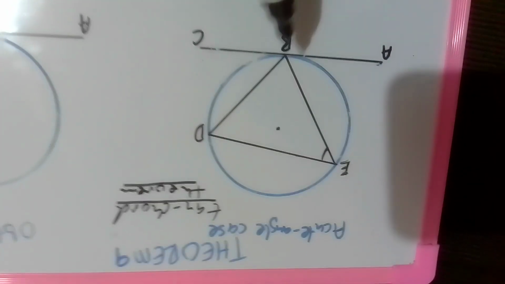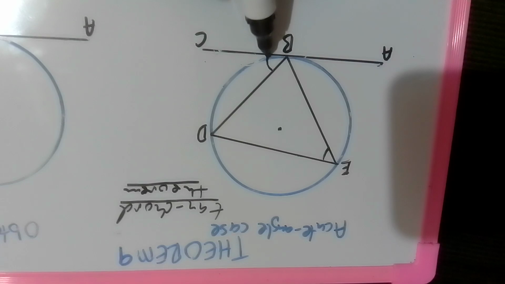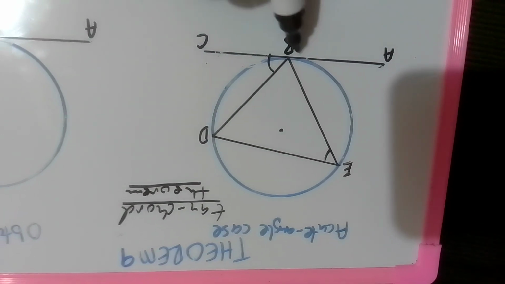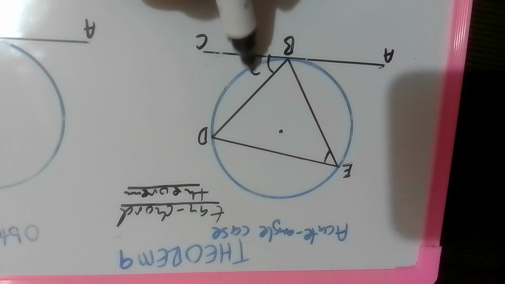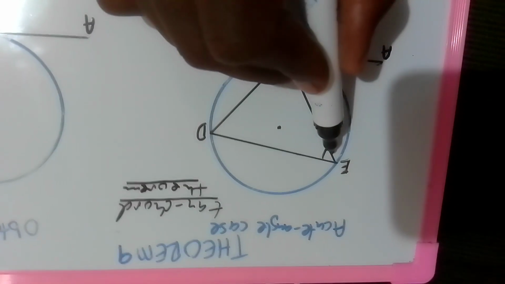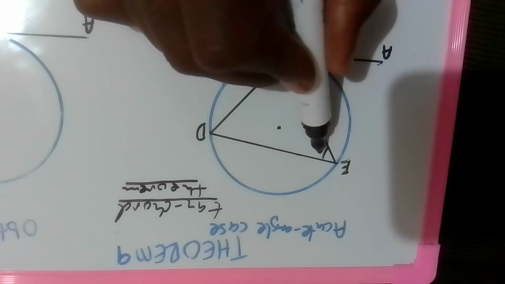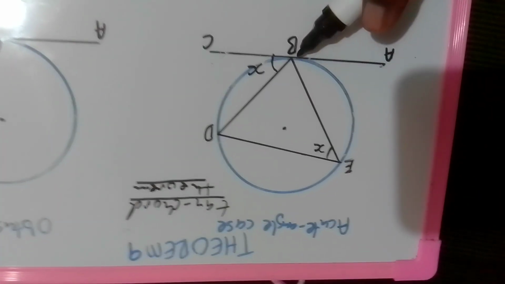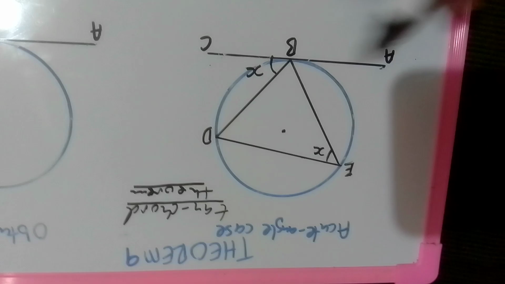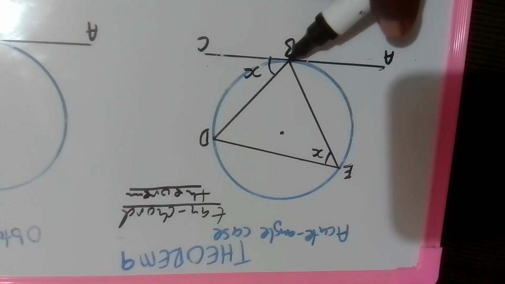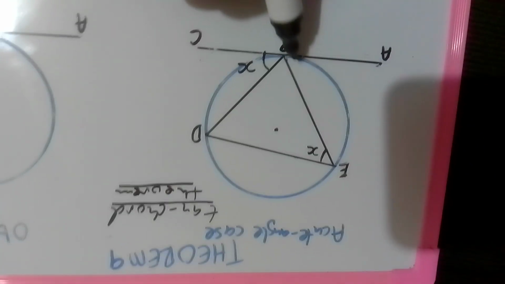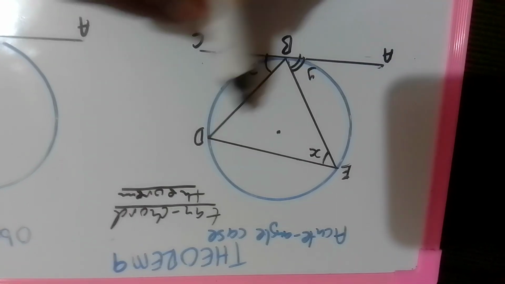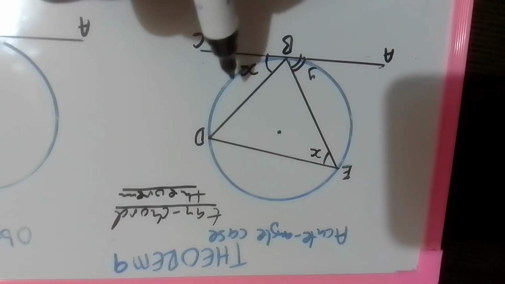Angle E. So the angle outside the chord, where the chord and the tangent meet, if I call it angle X, will be equal to this interior angle where there is E. But also on the left side, you have this tangent AB and you have chord BE. So this angle here, if I call it Y, it will be equal to what? To angle D.